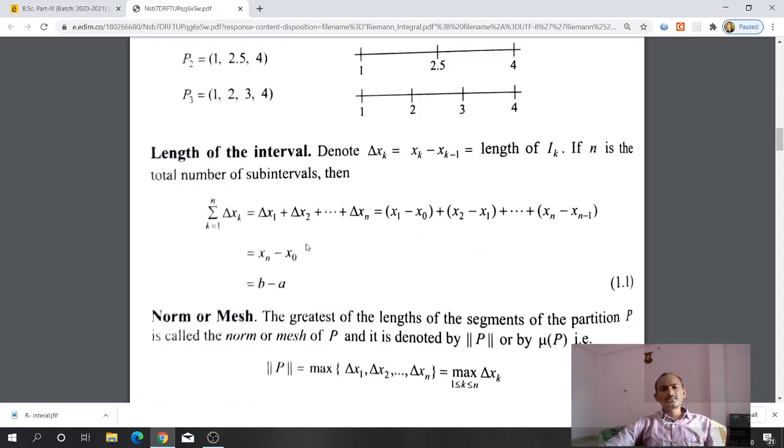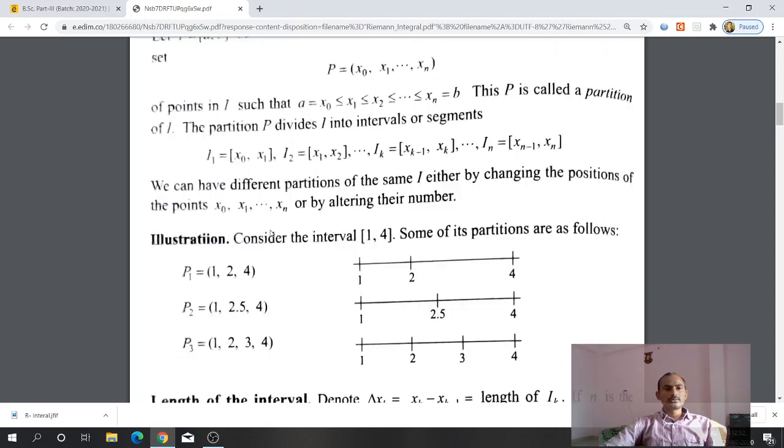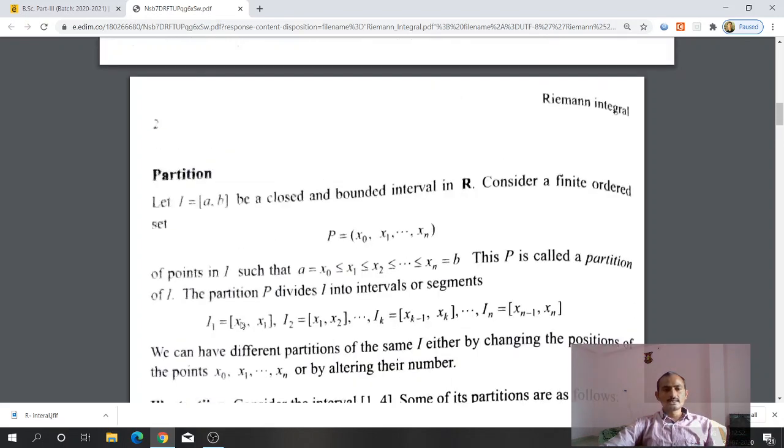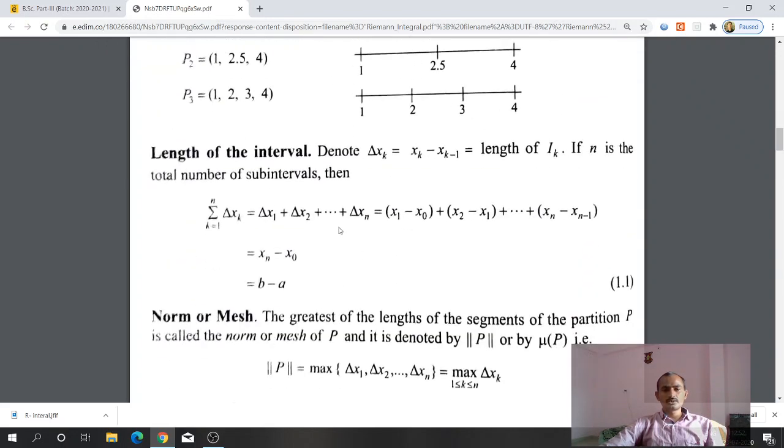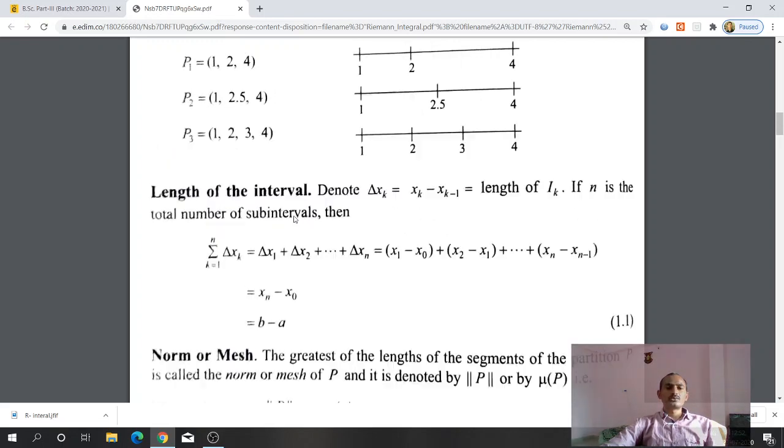What is the length of the first interval? It is the difference of the last element and the first element, that is x1 minus x0. So instead of delta x1, put x1 minus x0. Then delta x2 is the length of I2.